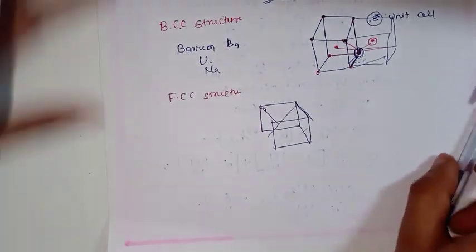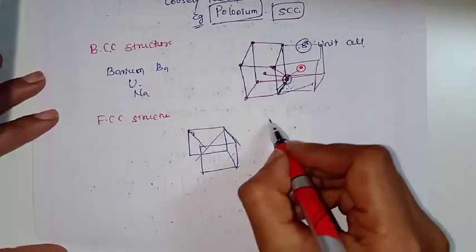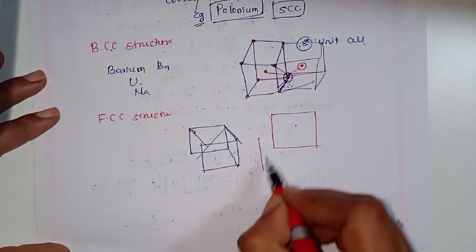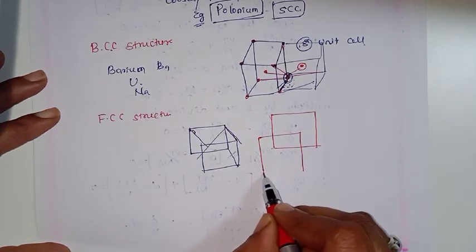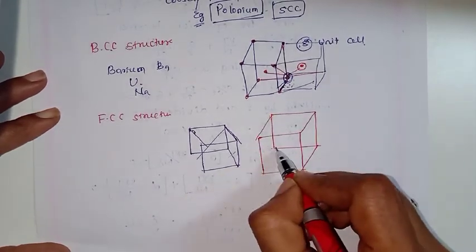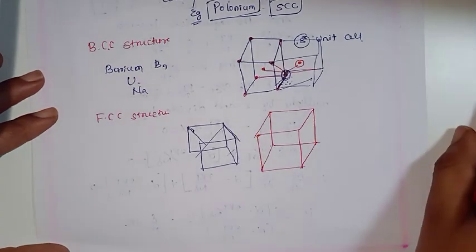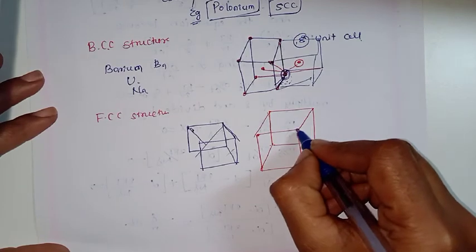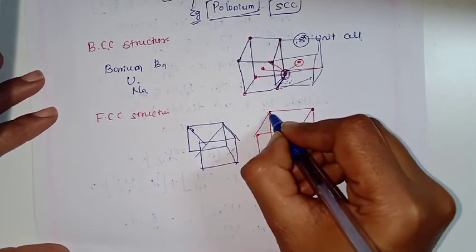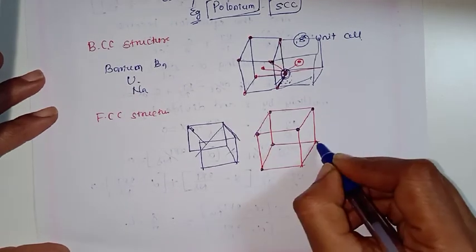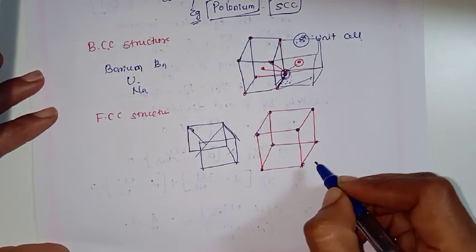Let's draw once again. How many atoms will be here in the face centered cube? There are 2 3 4 5 6 7 8.